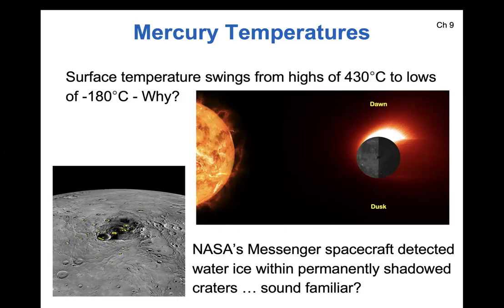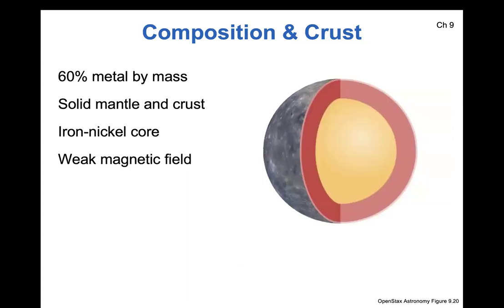That means that surface location, even if it's only a few square kilometers total, is going to be completely protected from the sun's energy. And you can have ice remain there for hundreds of millions or billions of years and retain primordial ice under conditions that would otherwise seem impossible.